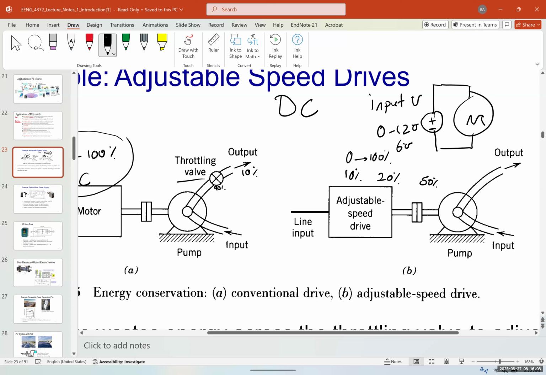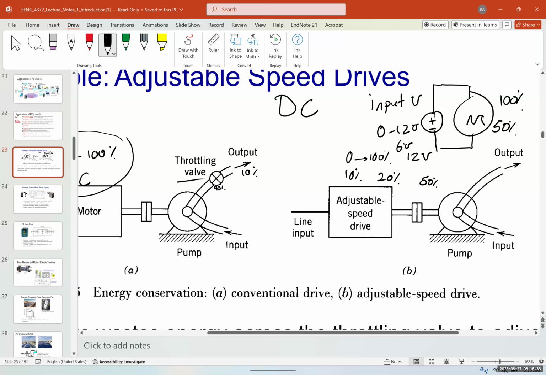So if you put it at 6 volts, this would run at 50% speed. If you put it at 12 volts, it's going to run at 100%. And if you put 0, obviously it's turned off, okay? So you can control the rotational speed of a permanent magnet DC motor by changing its input voltage.